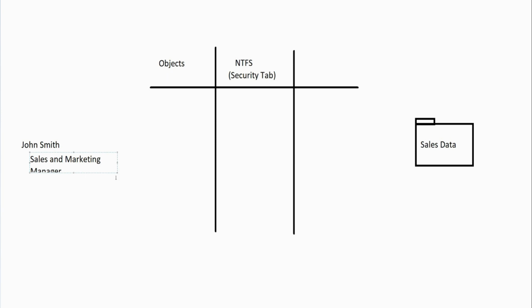So let's say he's part of the sales department, he's part of the marketing department, but he's also a manager. What can be a little crazy is imagine if your company was set up with three different groups: a sales group, a marketing group, and a managers group, and John Smith is a member of all three.